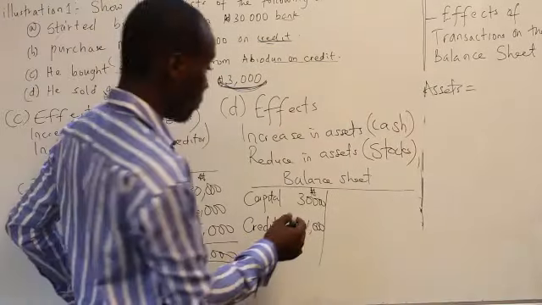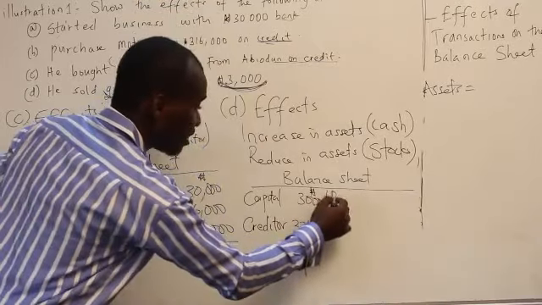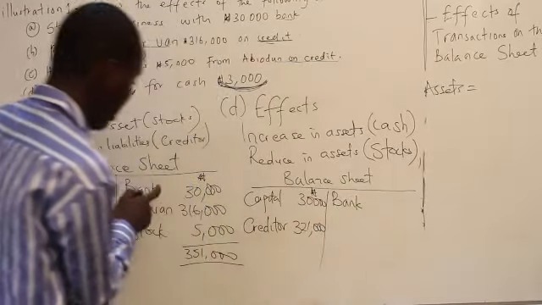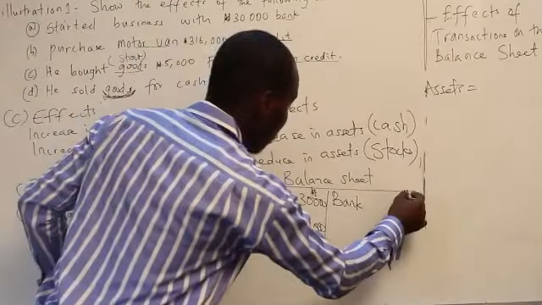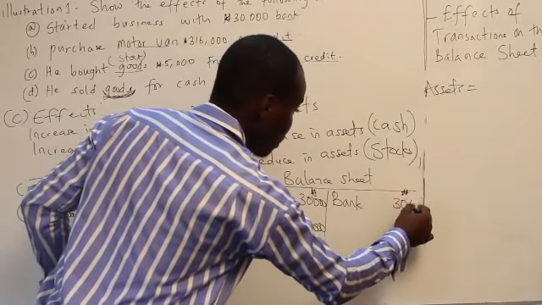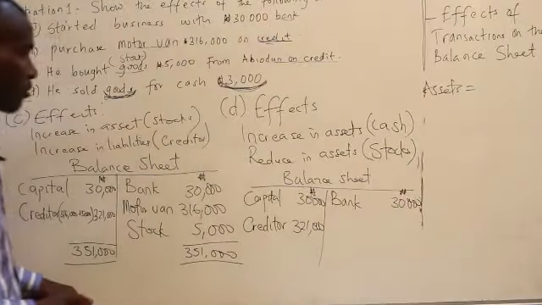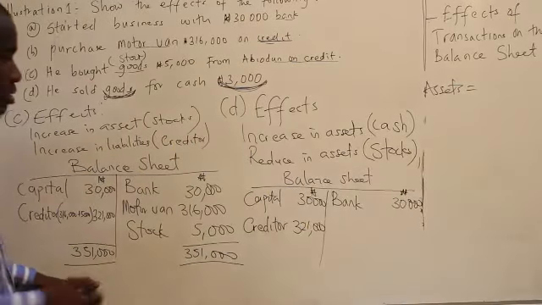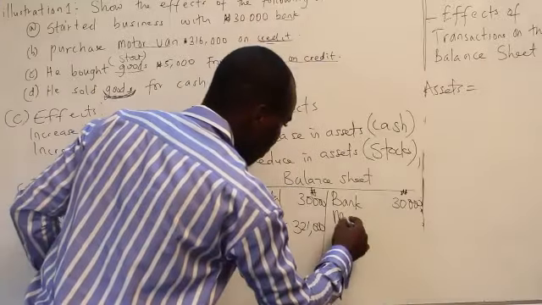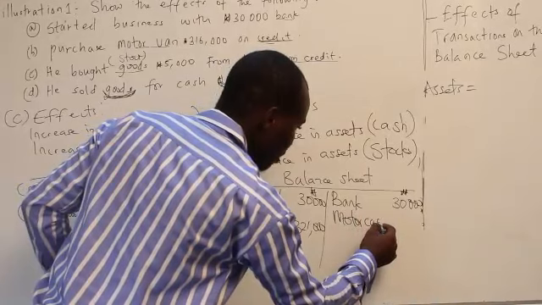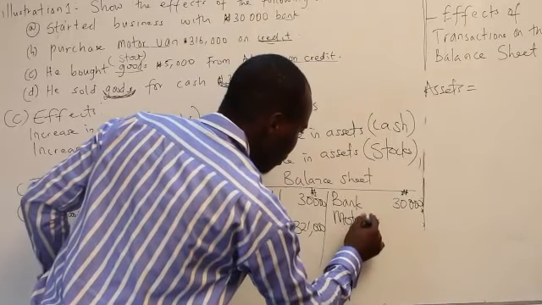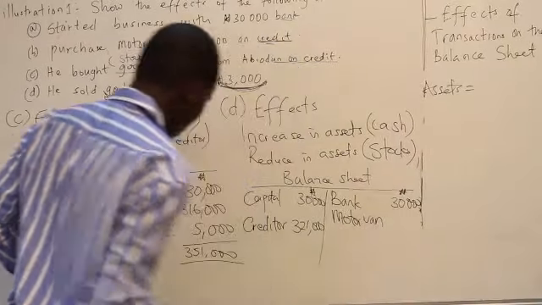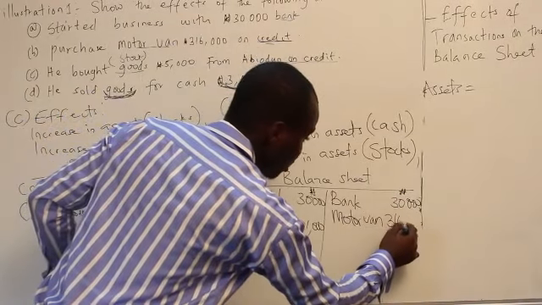It also doesn't affect the bank, so we have 30,000. It doesn't affect the motor van, which is 316,000.